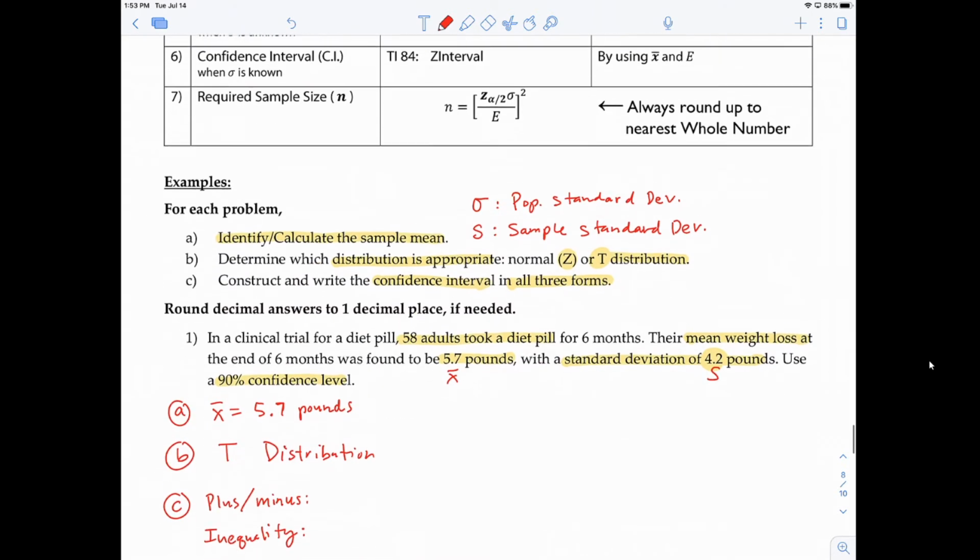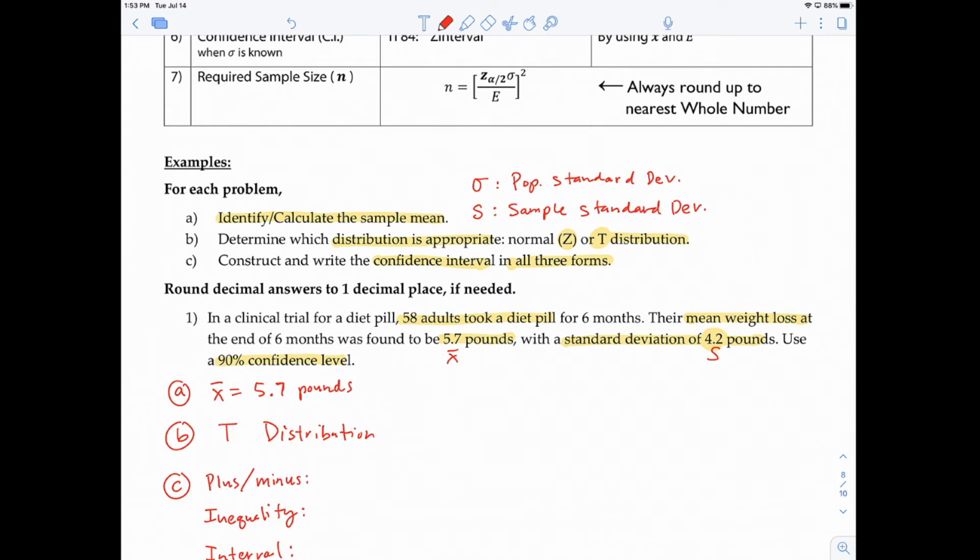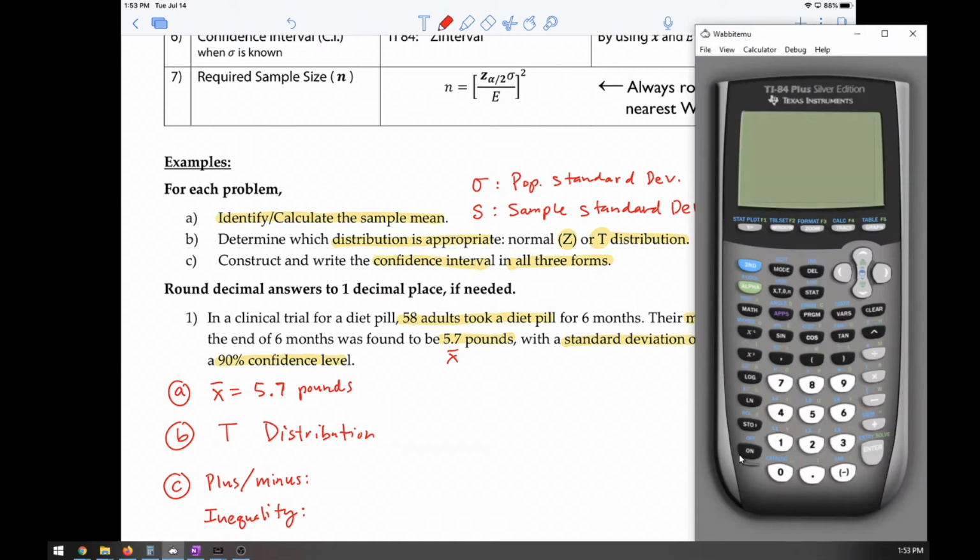All right, so you all should be familiar with where to find that. Here's how you find it. You're going to press stat, go to tests, and then go to t interval. To construct a t interval, we're given statistics.